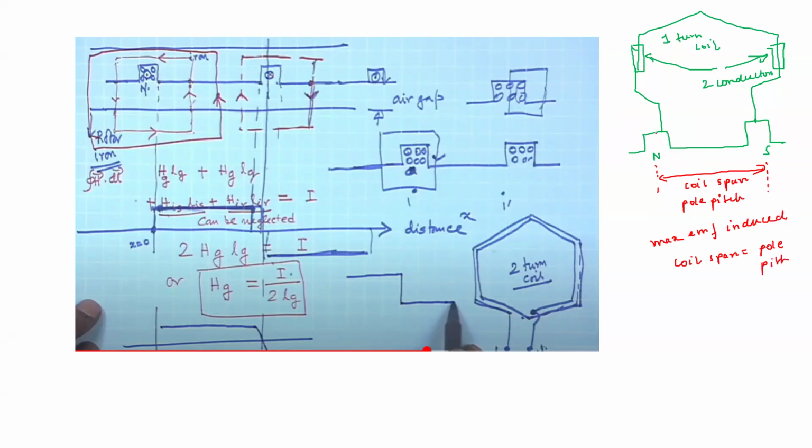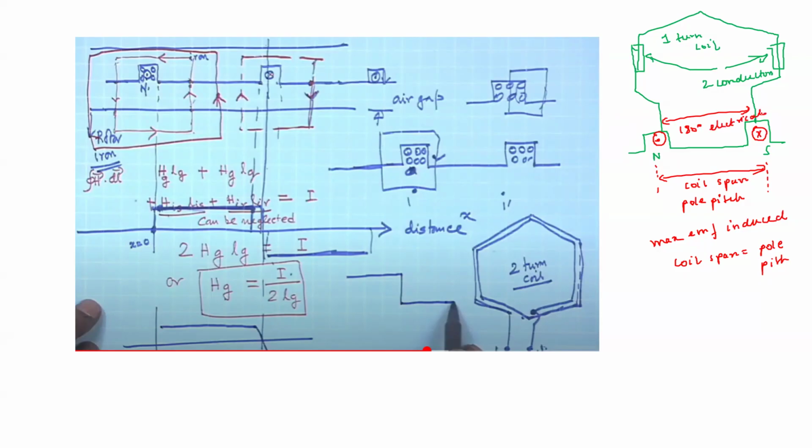So if one end of the coil is placed under the north pole and the other end of the coil is placed under the south pole, in that condition you will get the maximum EMF induced. This is equal to 180 degrees electrical.